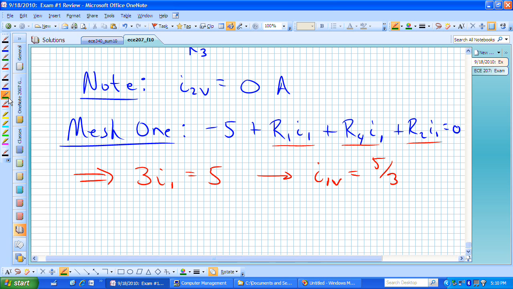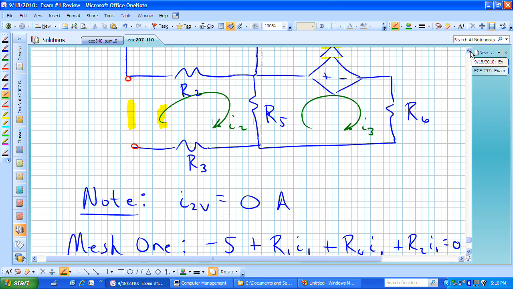Let's now look at writing KVL for mesh 3. If we start in this lower left-hand corner and go clockwise around that particular mesh, we're going to have R5 times I3 minus I2, but remember I2 is 0, so we really just have R5 times I sub 3 plus 4V1 plus R sub 6 I sub 3.